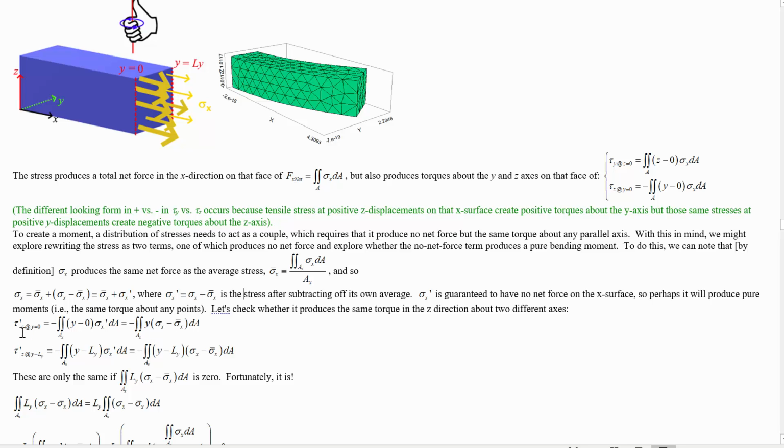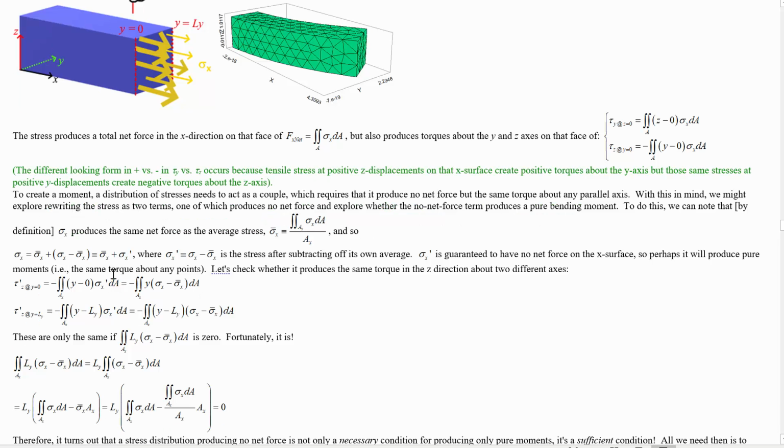The torque that it produces about y equals 0, an axis parallel to z, would be the negative displacement in y that you are away from that axis times sigma x prime, and sigma x prime is just sigma x minus sigma x bar. The torque that it produces about the right-hand side would use the y coordinate minus Ly, which is going to work out to be a negative number and give us a positive torque, as you'd expect.